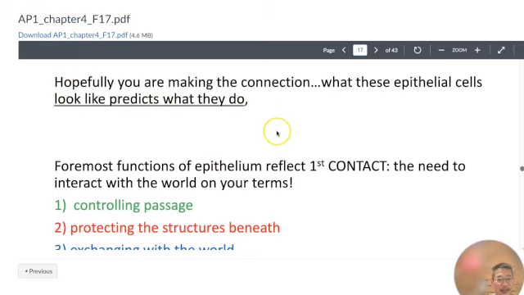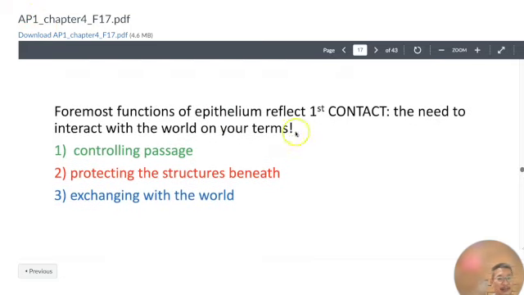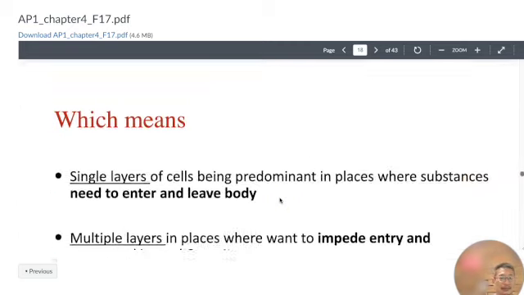So all these cells, okay, here's a little summary. Controlling passages, what goes in and out. It can protect the structure, like your skin, and exchange with the world. For example, when we need to absorb something or secrete something, it deals with the skin or epithelial tissues.